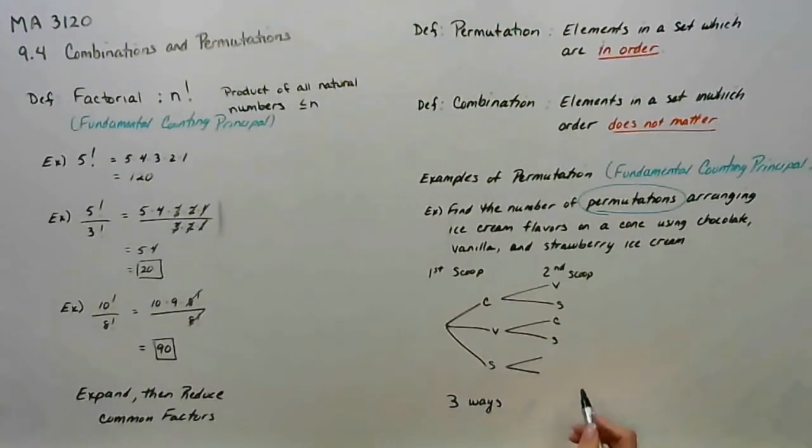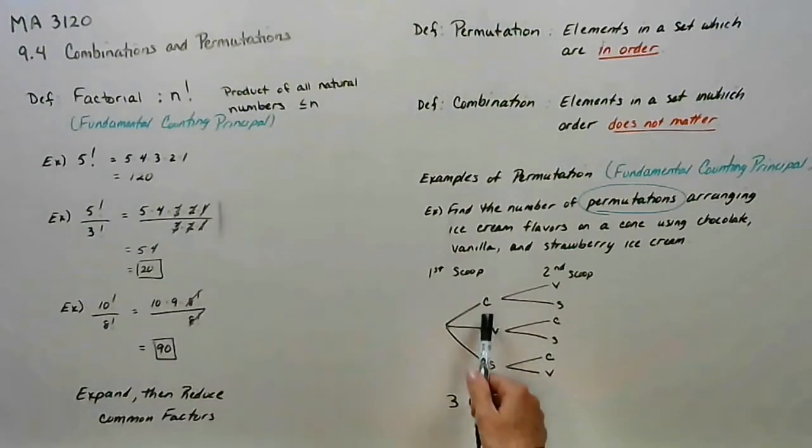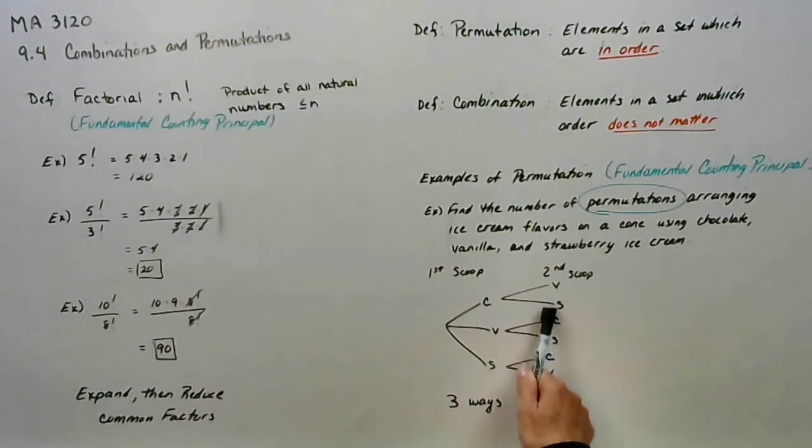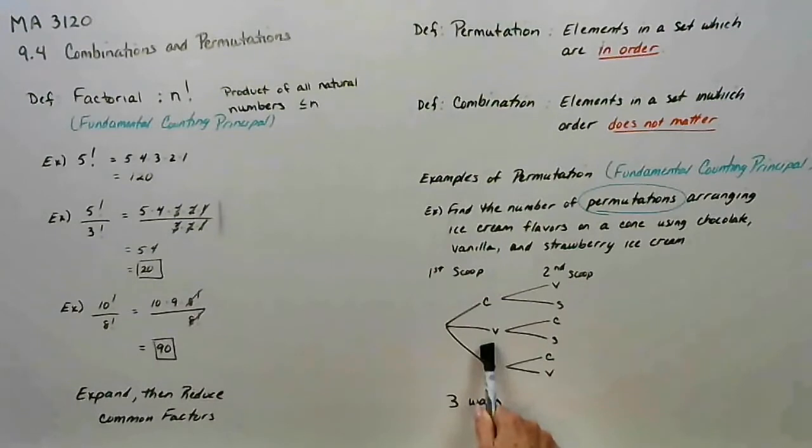If the first scoop is strawberry, then we only have 2 choices of chocolate or vanilla. So we only have 2 ways we can have the second scoop, because it depends on the first scoop. So order matters. Since it depends on chocolate, there's only 2 other choices. If it depends on vanilla, there's only 2 other choices. Same with strawberry. So in this case, there's only 2 ways to have a second scoop.